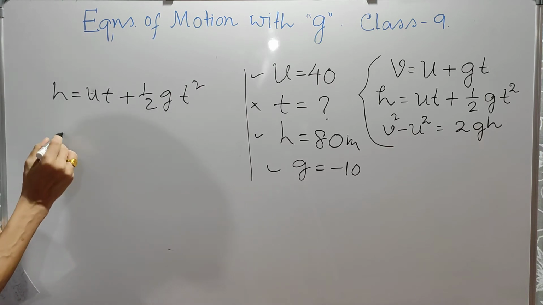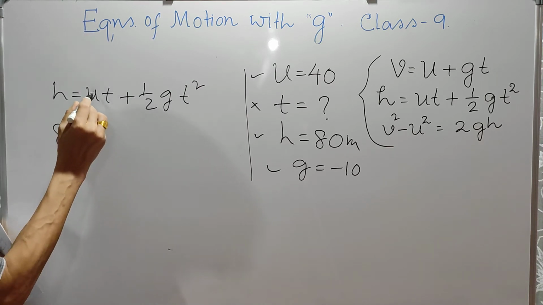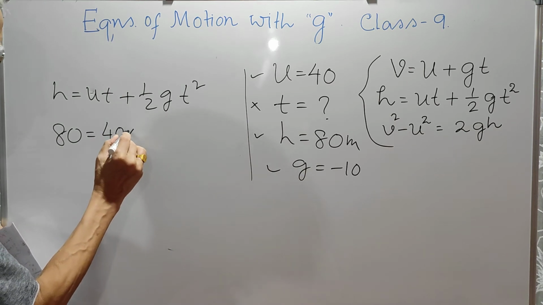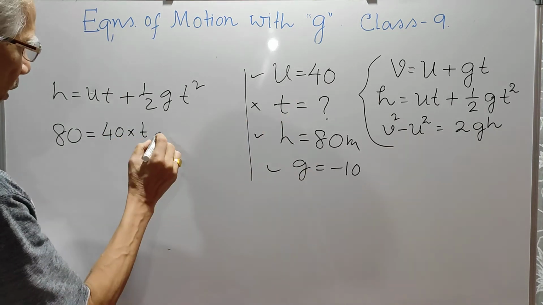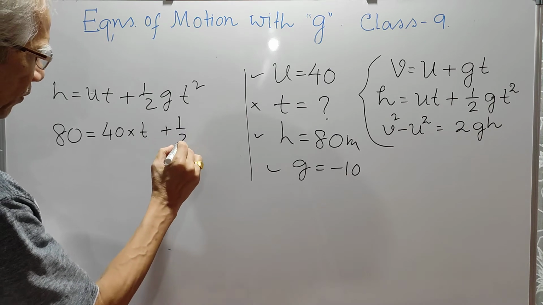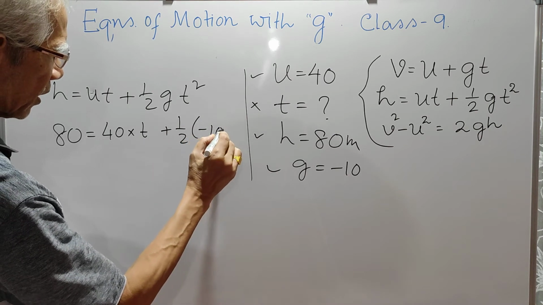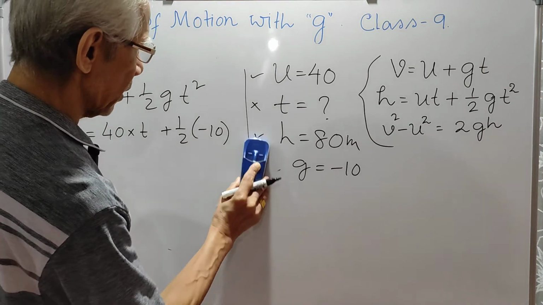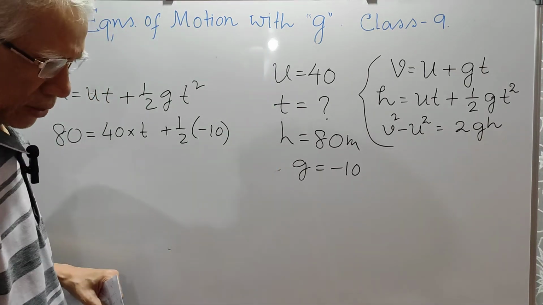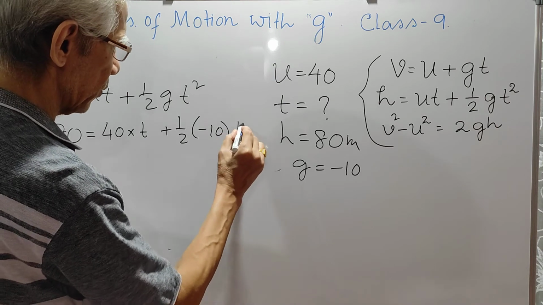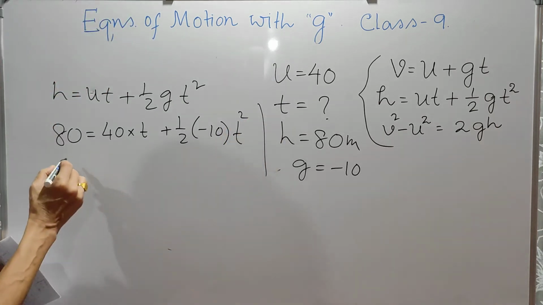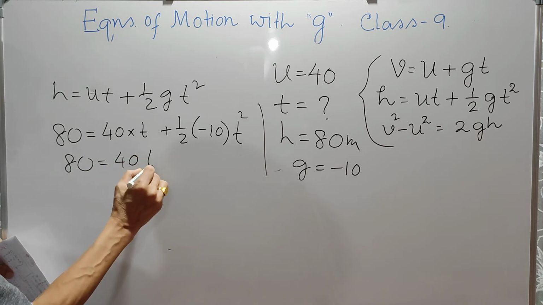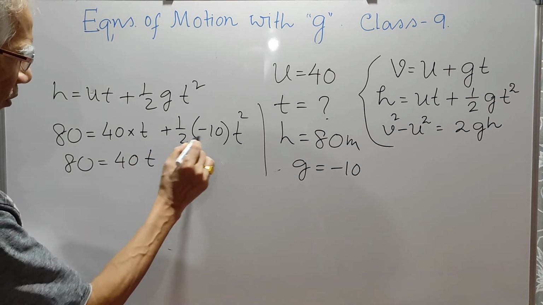Now put the values: H equal to 80, U is 40, so 40 into t, T you have to find out, plus half g. G is minus 10, t square. So 80 equal to 40t plus half into minus 10, that is minus 5t square.